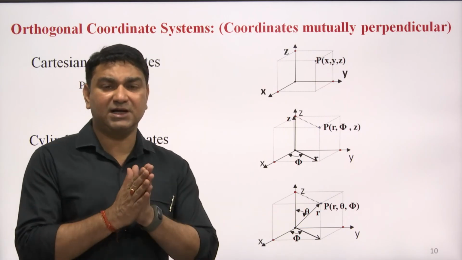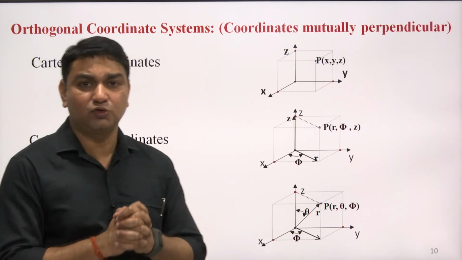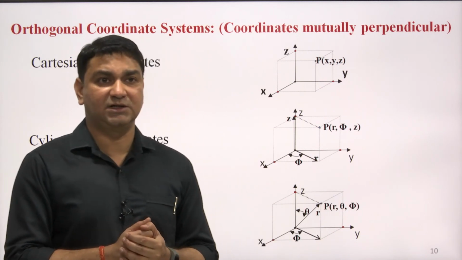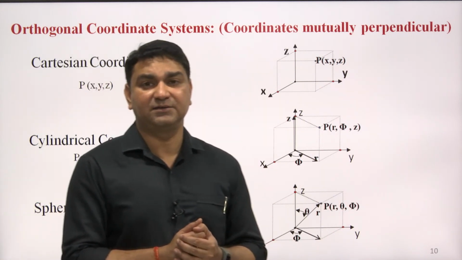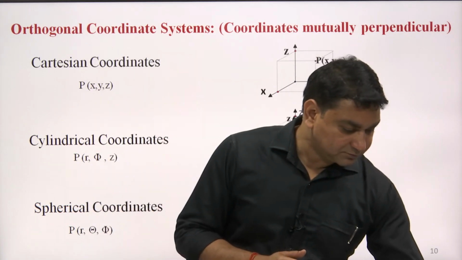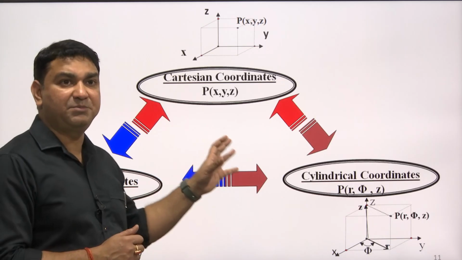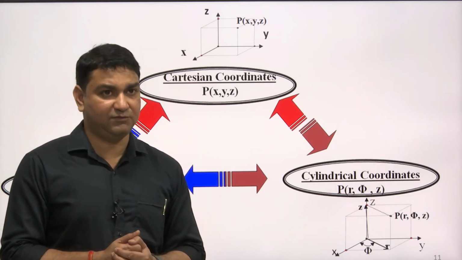So, these are the different parameters through which these three kinds of orthogonal coordinate systems are defined, and these can be represented here in this form.